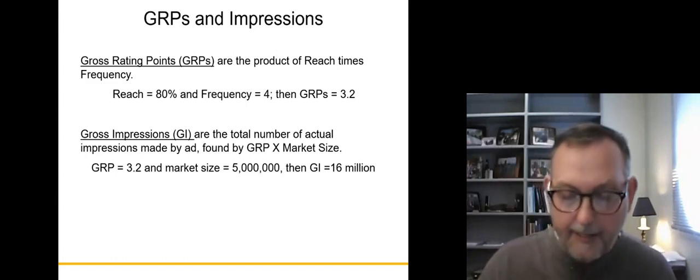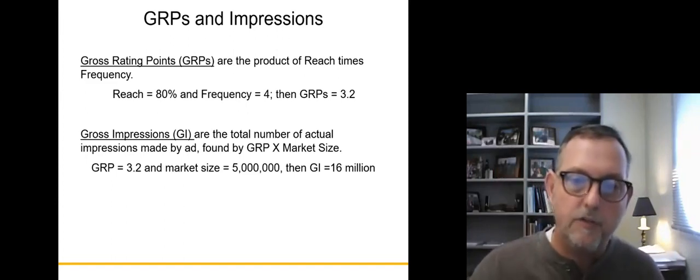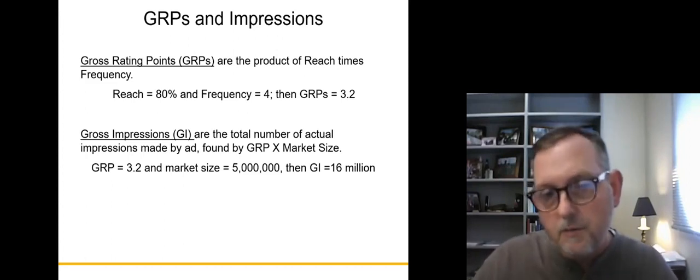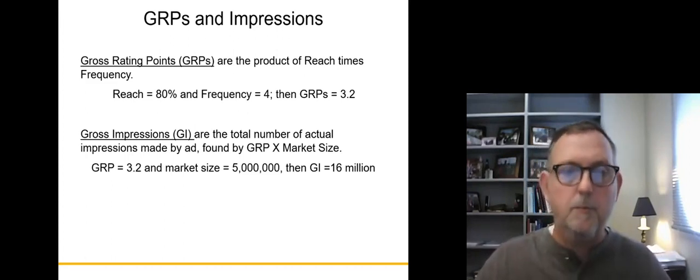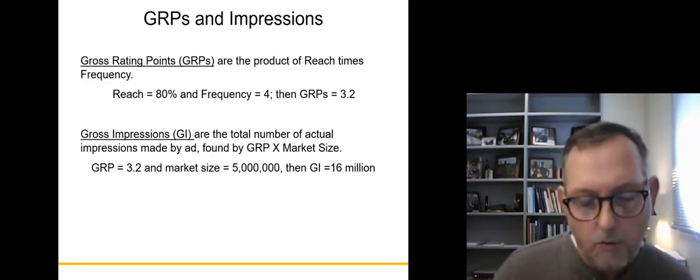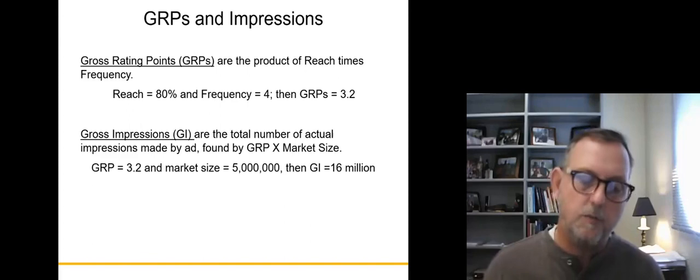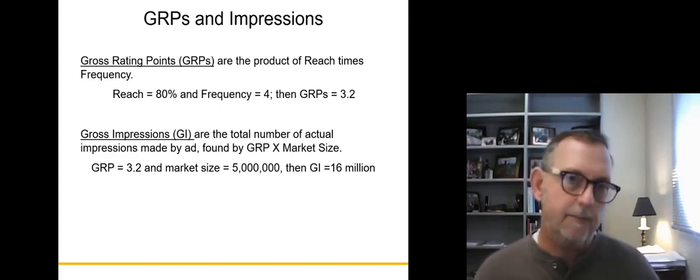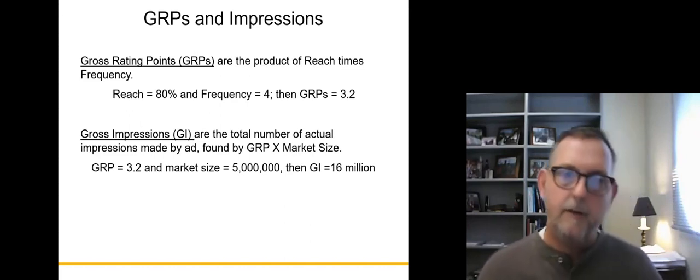Okay, the final thing we'll throw at you here is gross impressions, or the total number of impressions that we have. What we do is take our GRP and multiply it by our market size. Gross impressions is how many times within your market the ad is being seen or the message is being heard.